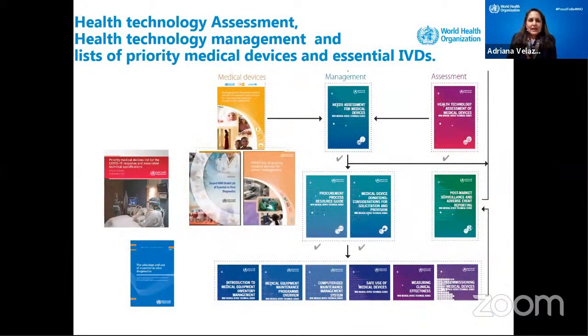So the publications keep growing. We have these publications for the process. If you remember the colors, there were the greens for regulation, the purple for health technology assessment, the blue ones for health technology management, like inventories, maintenance, donations, etc. And then the list of priority medical devices was starting to grow.